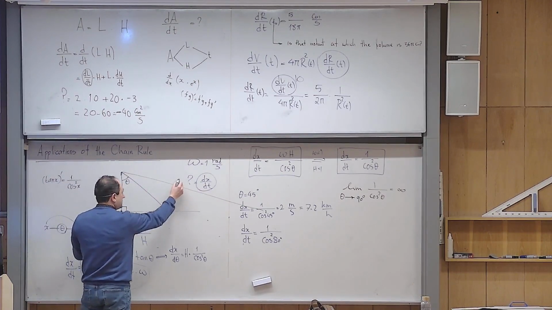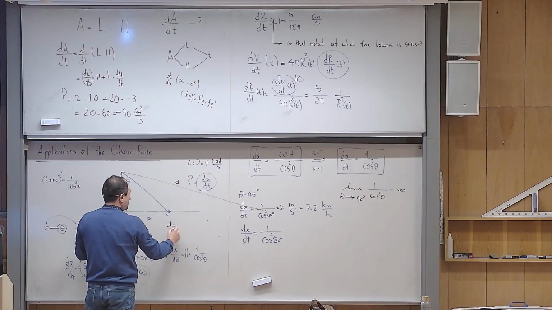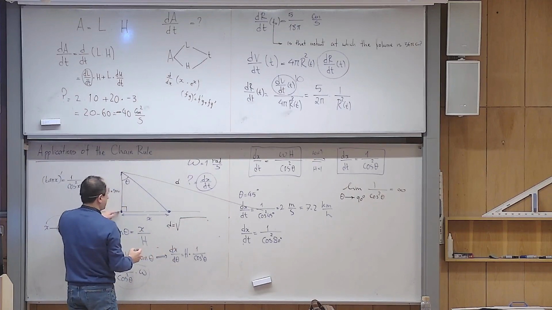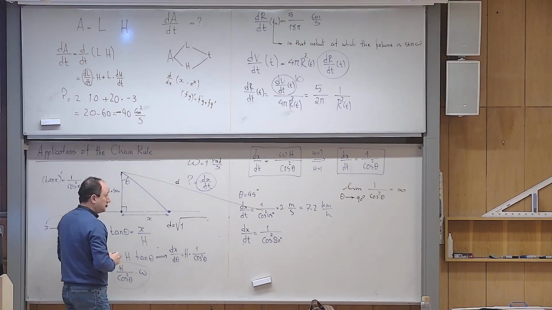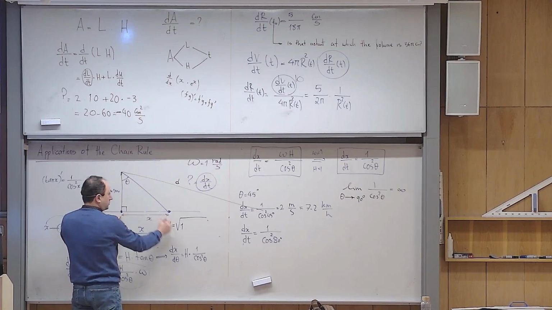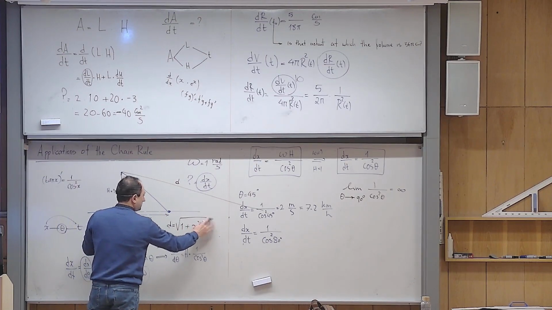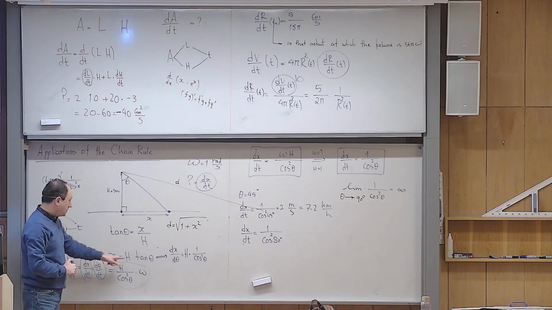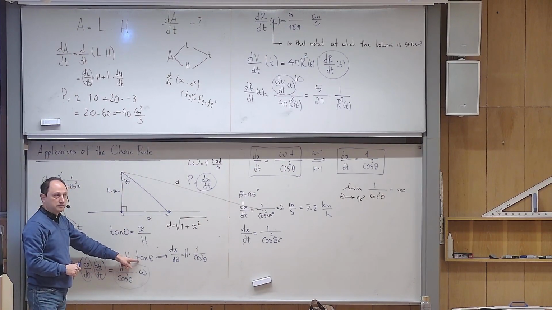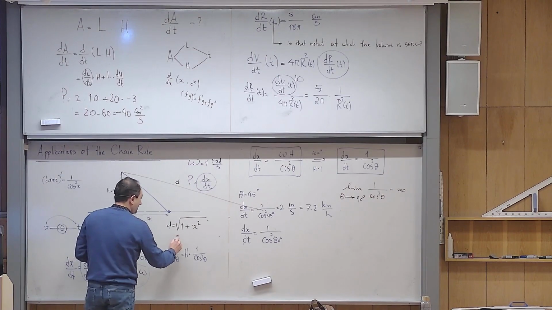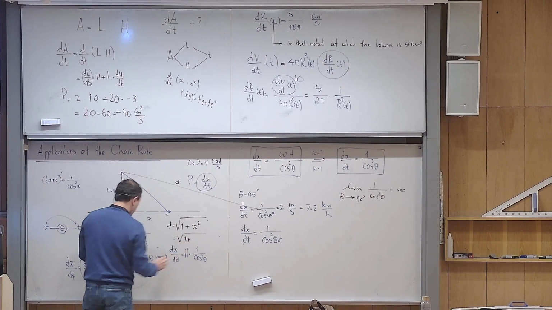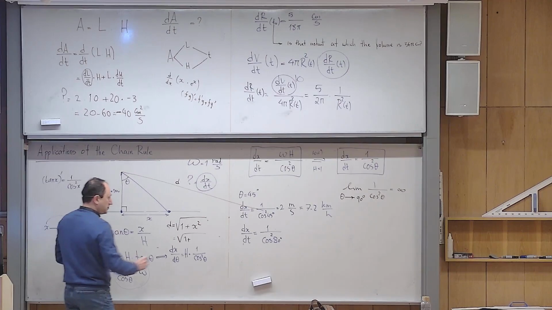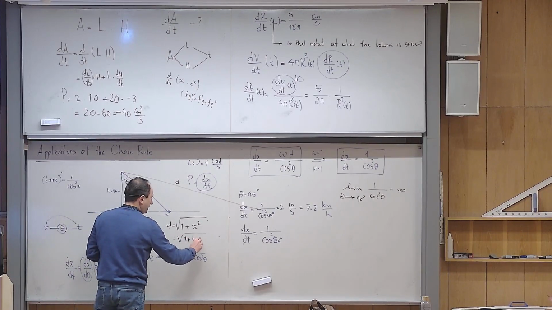So the distance, let me call it d, is the square root of this length to the power 2, which is simple, plus this length x to the power 2. But then what is x? x is h tangent of theta. So this becomes the square root of h squared plus h squared tangent theta squared. But what is h in our problem? It is 1. So this just becomes the square root of 1 plus tangent theta squared.